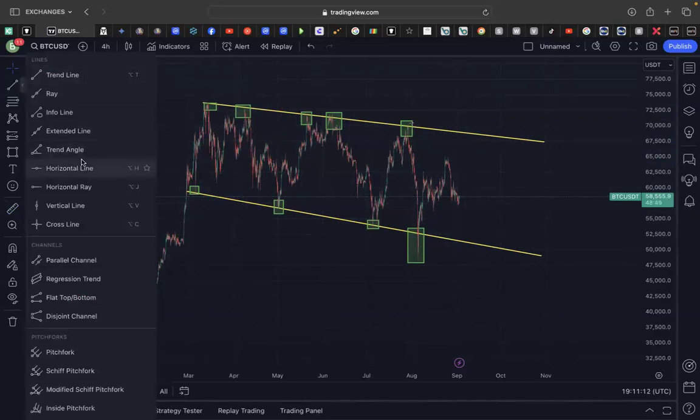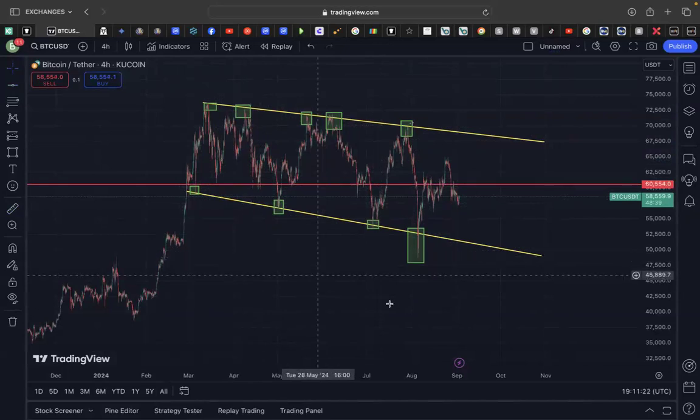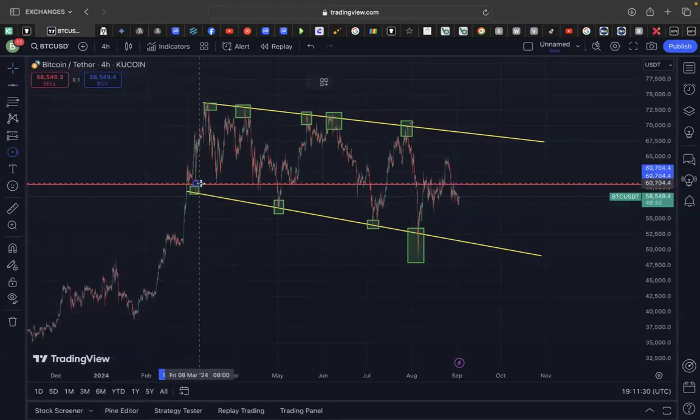Now let's quickly look for levels in between. We have this level right here. Why am I saying this is a level? I'm saying it's a level because of these levels right here. I'm going to use a circle this time.